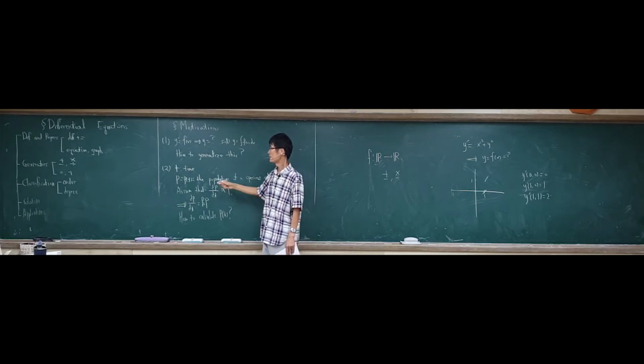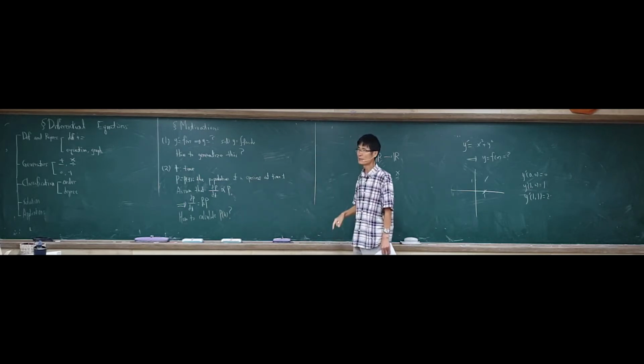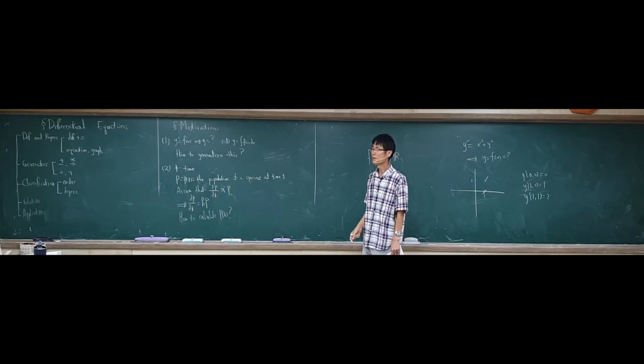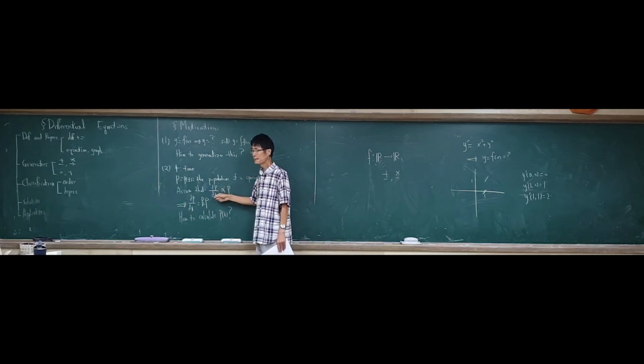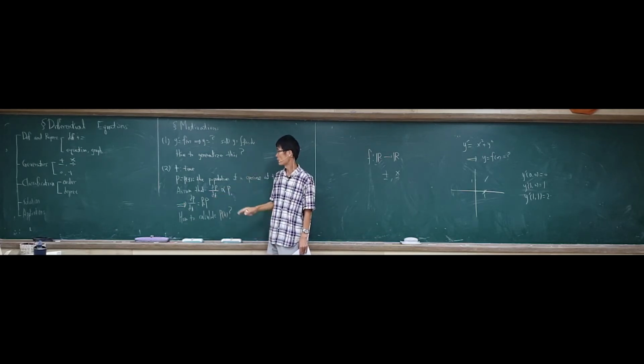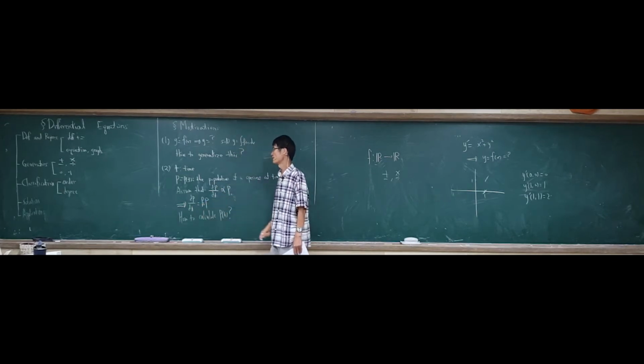If t is a time parameter and let P be the population of some species at time t, for example, P of t is the number of mosquitoes or number of bacteria at time t, then dP over dt, which means the rate of change of the population with respect to t, is in many cases proportional to P. So this can be given as an equation like this one.